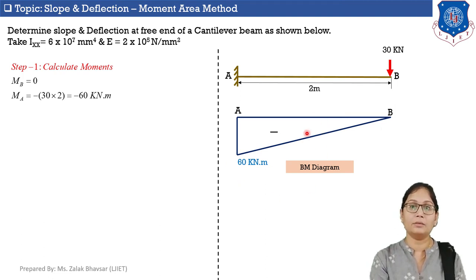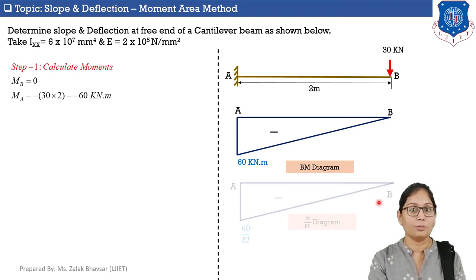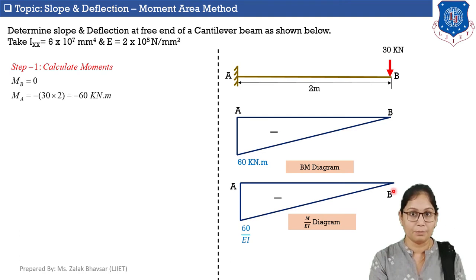Now, we will convert this bending moment diagram into the M upon EI diagram. At point B, moment is 0, so M upon EI will also be 0. Now, at point A, moment is 60 kilonewton into meter, so if I calculate M upon EI, it will be 60 upon EI.